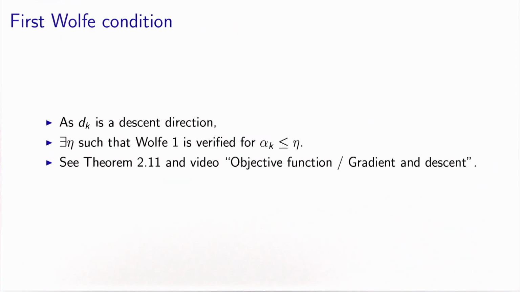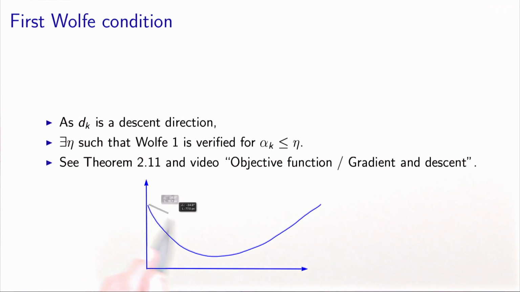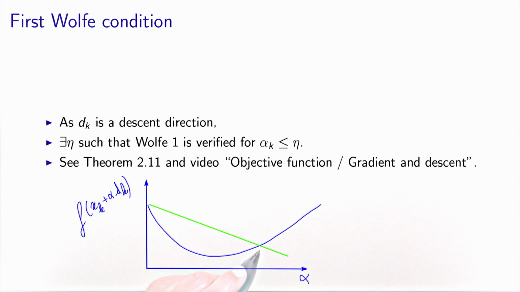The first thing to note is that the first Wolfe condition is guaranteed to be verified for some steps. If we have this configuration where alpha is on the x-axis and f of xk plus alpha dk is on the y-axis, because it's a descent direction, the Wolfe condition will be verified by all the steps smaller or equal to eta.